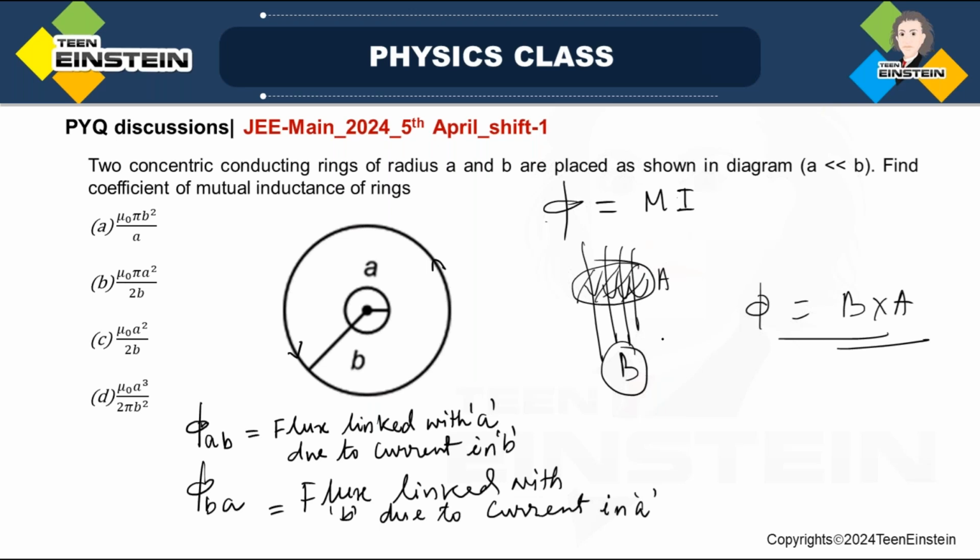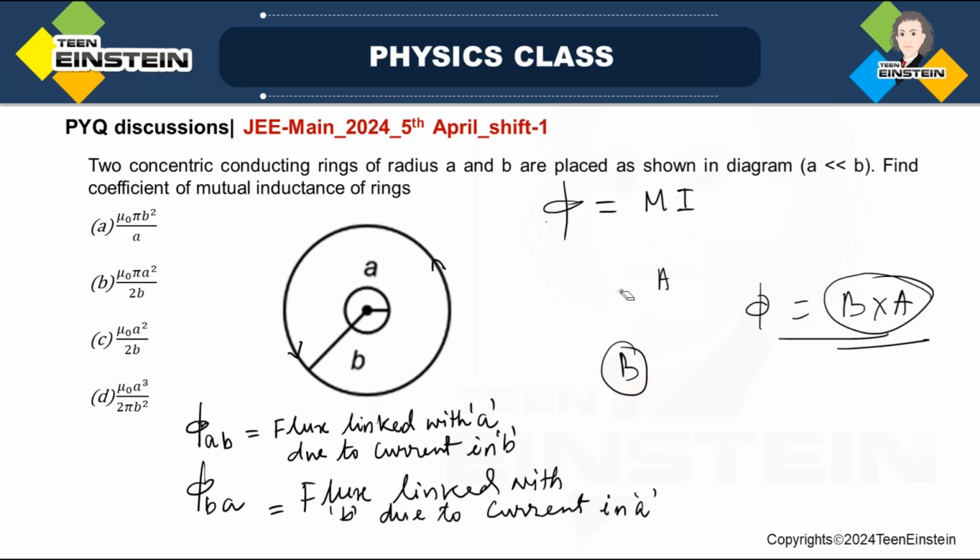If the magnetic field is not uniform, then you cannot do this. You have to do certain integration or something like that, because the magnetic field may vary from place to place. In that case things will be a little difficult. So my point is that the magnetic field passing through the loop or ring for which you are calculating the flux should be uniform.